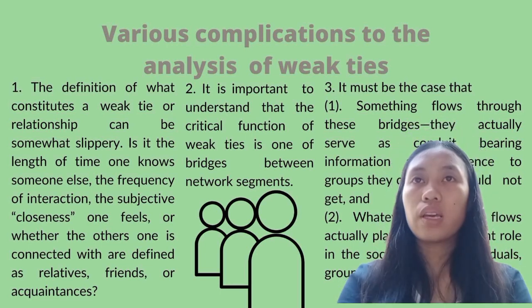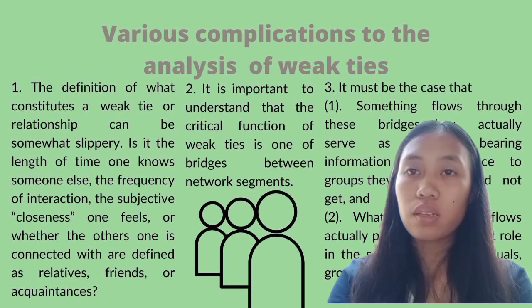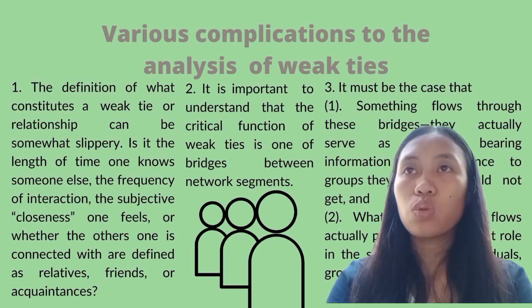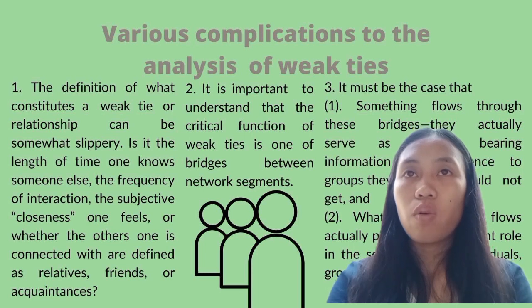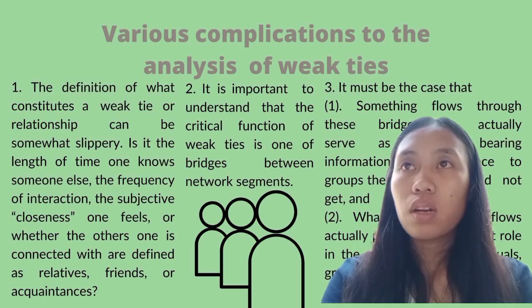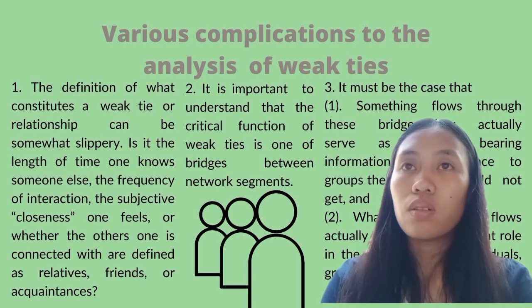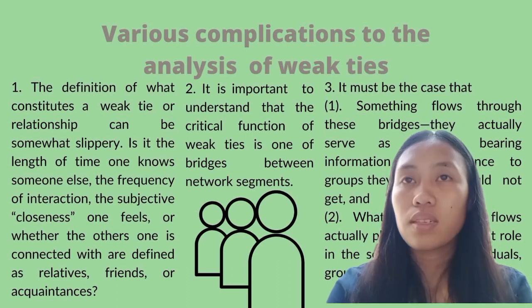The next one is various complications to the analysis of weak ties. Number one, the definition of what constitutes a weak tie or a relationship can be critically, somewhat slippery. It is the length of time one knows someone else. So ito yung gaano mo kahaba nakilala ang isang tao.